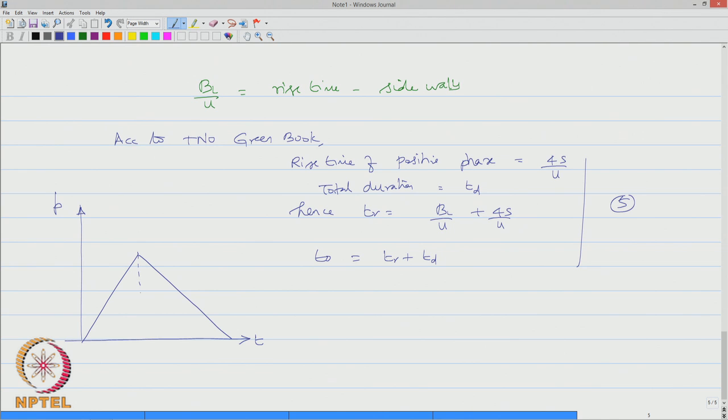We call this the rise time, and we know this is going to be equal to BL by U. We already said that. So, this is TR, and in this case this is going to be PB. I am talking about the rear load. This is according to the TNO Green Book.